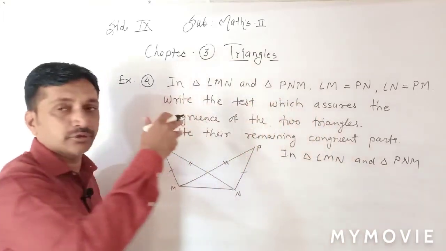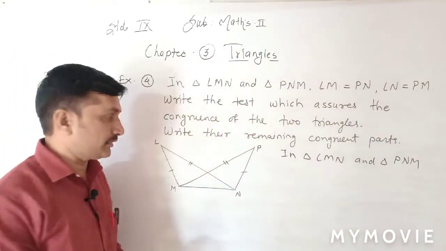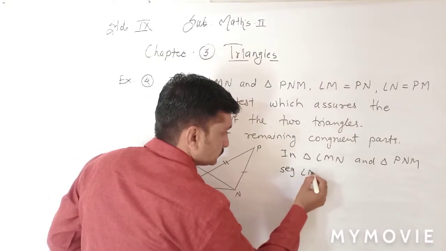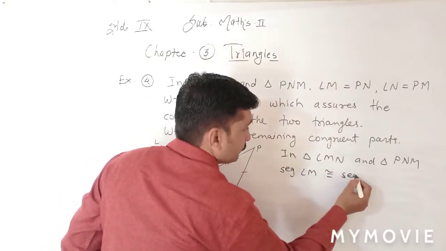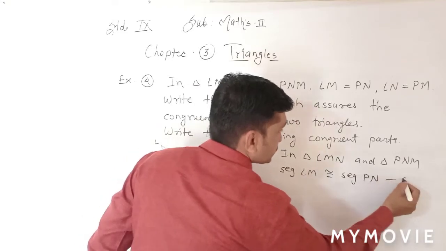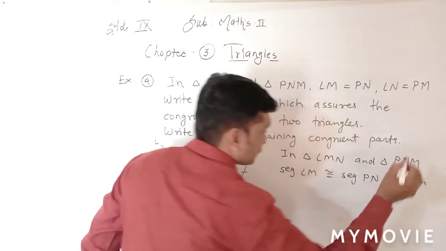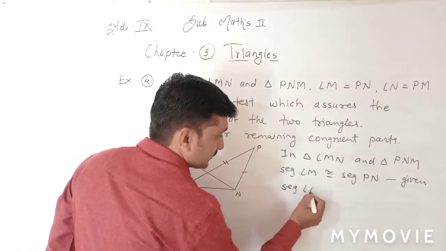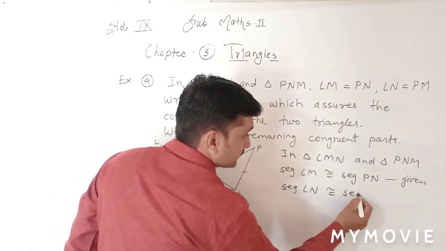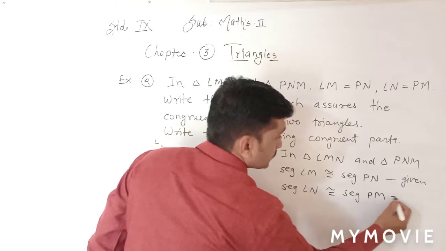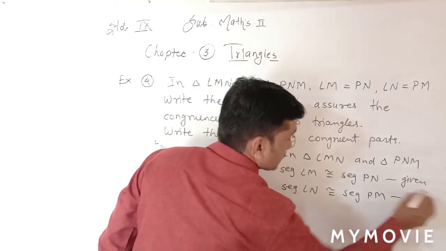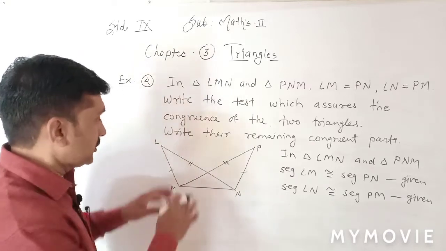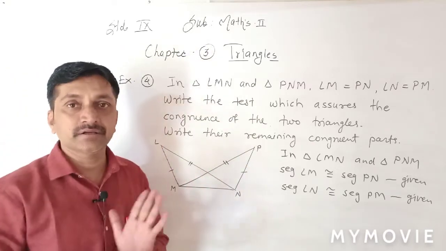Now two sides are already given, two pairs are congruent. Seg LM is congruent with seg PN, it is given in the example. The second pair is also given, seg LN is congruent with seg PM. Now for the test we want three elements. Here the angles are not shown by identical marks.